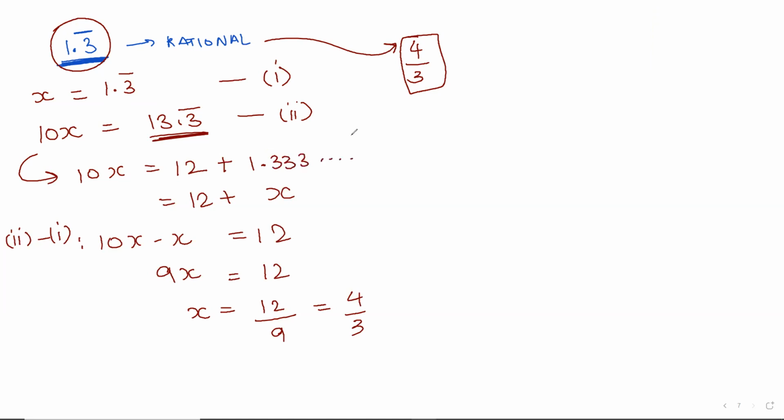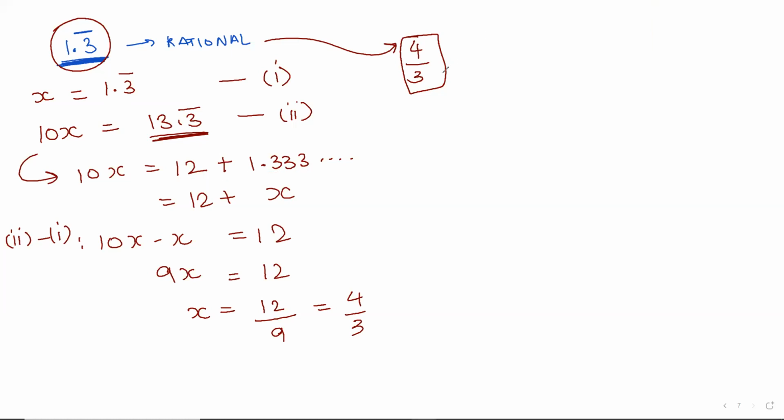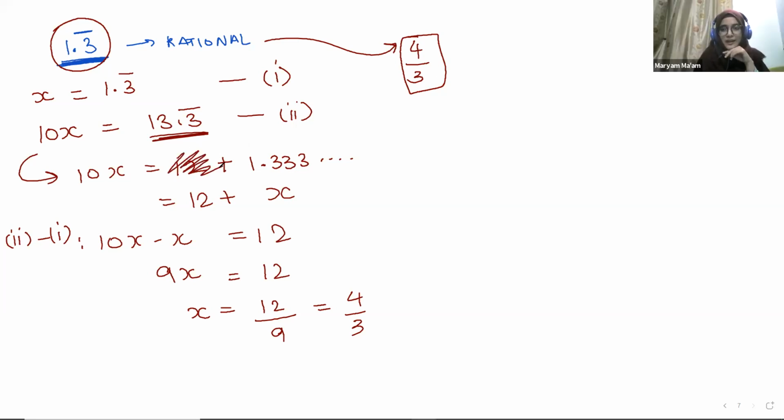No, ma'am, instead of 12 plus 1.3 bar. I didn't quite get you. Instead of this, what else could we write? 1.333. Okay, you are saying instead of this, I can just remove this and write this. Are you saying that? Yes, ma'am.